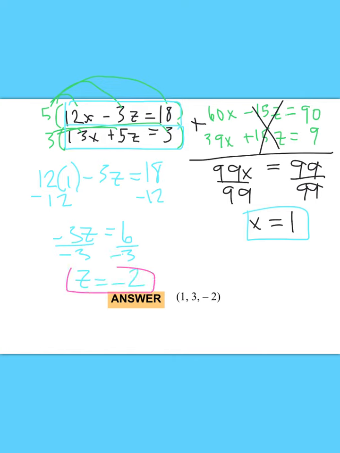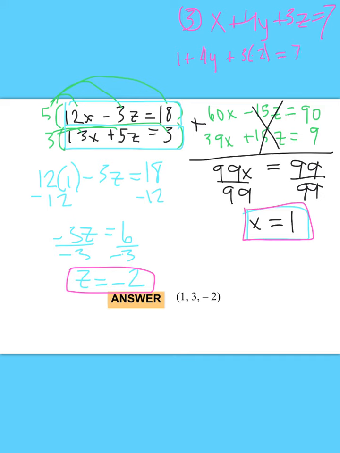And we have a z and an x, so we need to plug both of those into an original equation. So here's the third original equation. It was x plus 4y plus 3z equals 7. So if x is 1, I get 1 plus 4y plus 3 times negative 2 equal to 7.